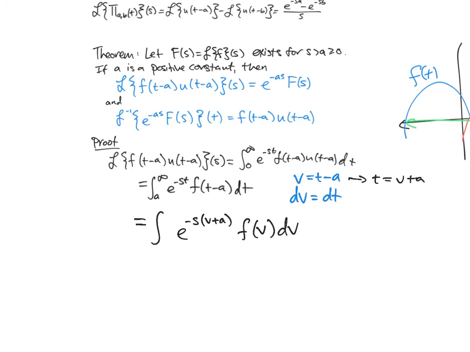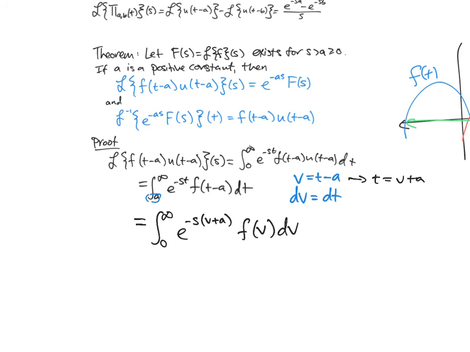And then what are my limits going to be? We started off from t equals a, and if we plug that in for t into v, we get 0, and infinity will stay the same. So 0 to infinity. Hey, that's kind of perfect. That's just what we wanted.